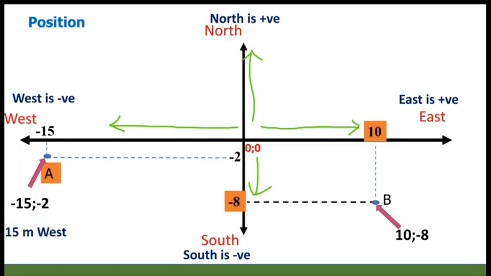So it's 15 meters going west, and then going along the vertical, you need to go 2 meters south. Okay, so in science, this is the more acceptable way of giving location. Okay, give the magnitude and the direction.